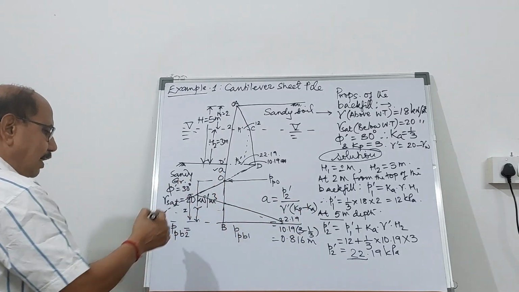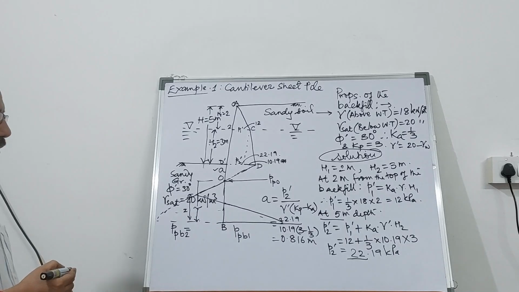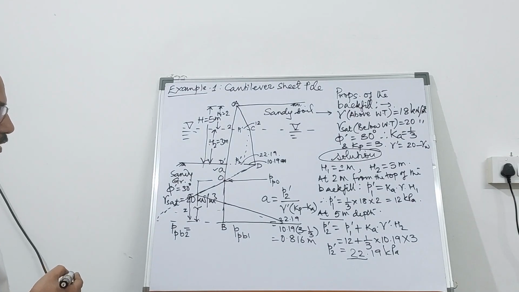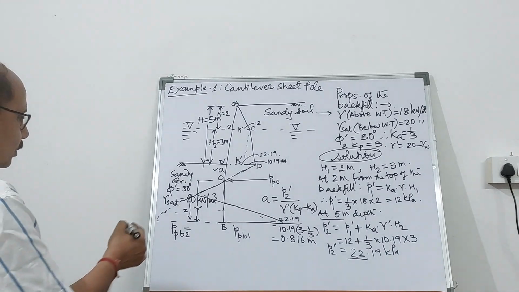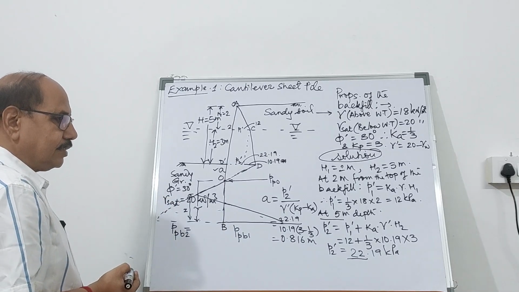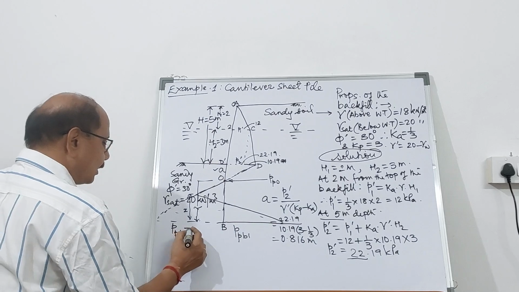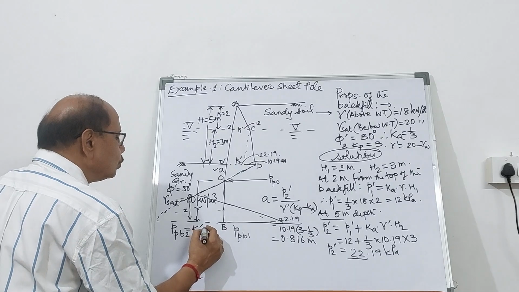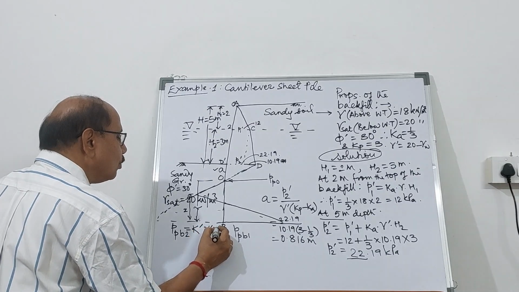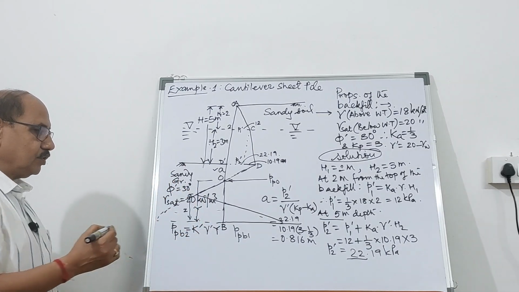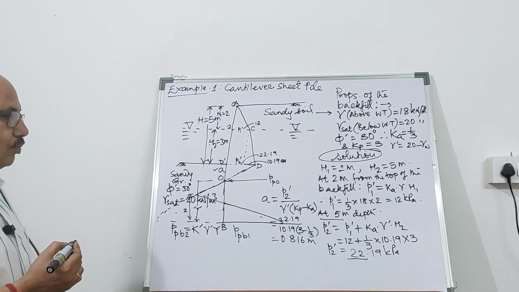So for Y, PPB2 can be calculated very simply from the slope of this line. You can write it as K prime into gamma prime into Y.